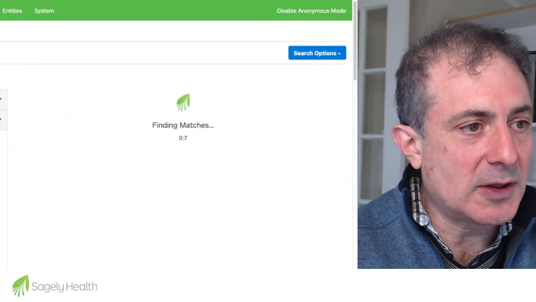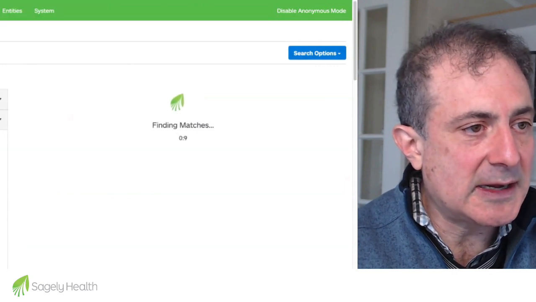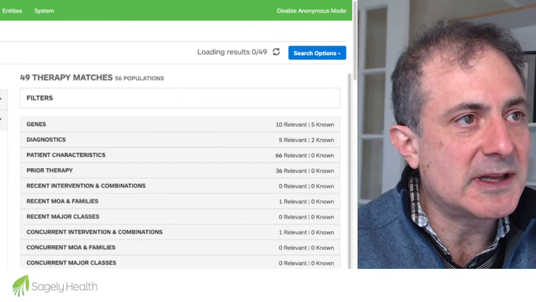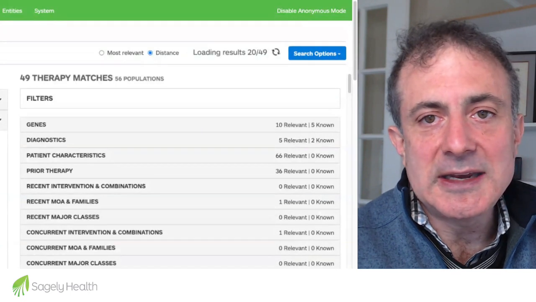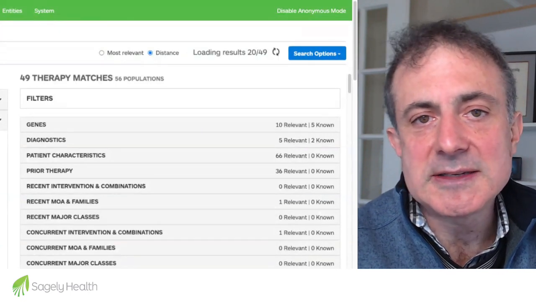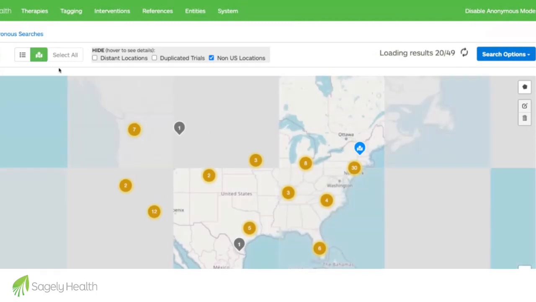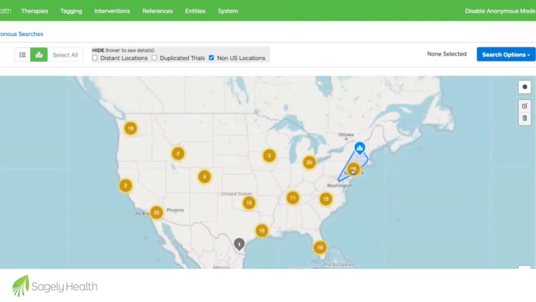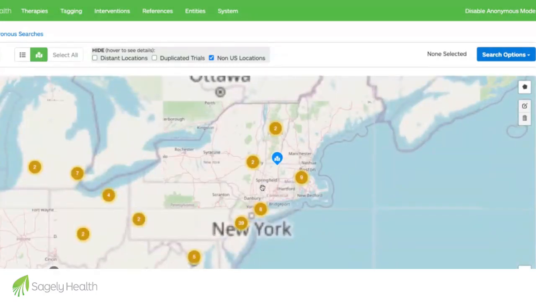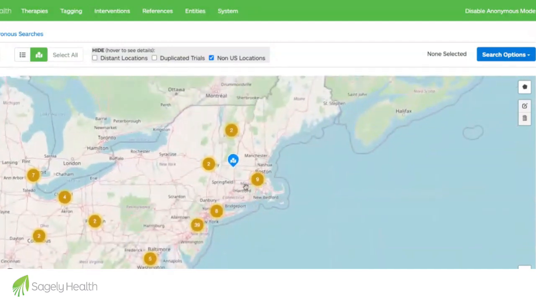We can also take a look a little bit more broadly, across the entire region, and see, is there anything going on that's particularly special? I'm looking at the entire country now and pulling out everything that's going on there. And up come 49 therapy matches, which is quite nice.